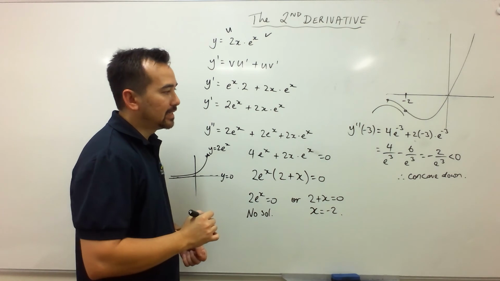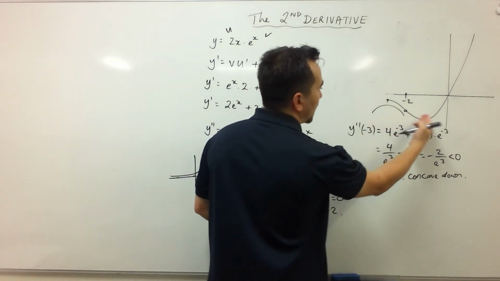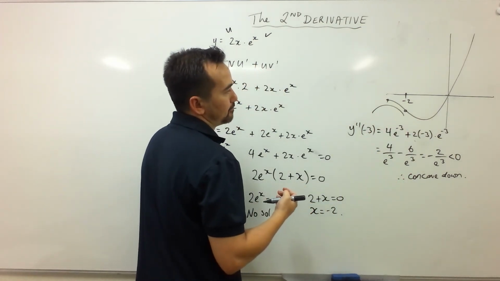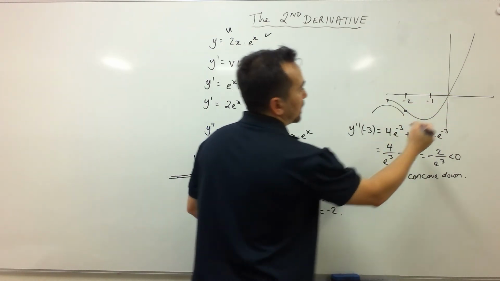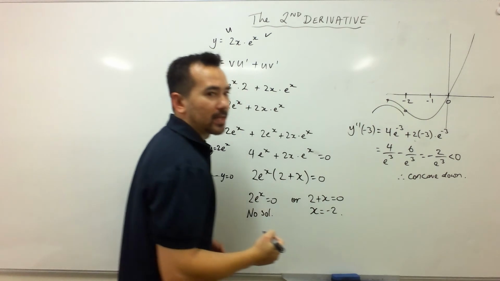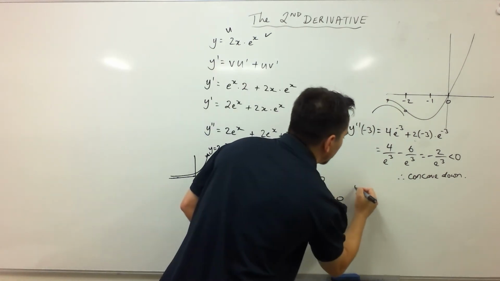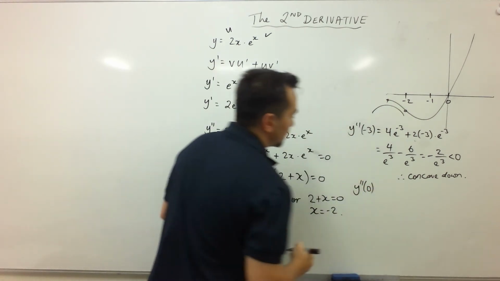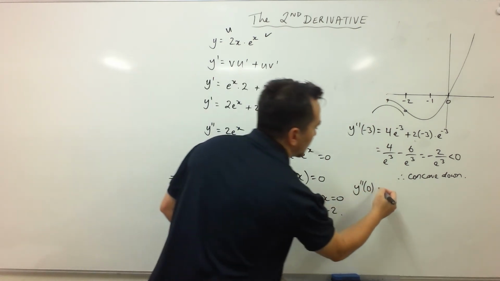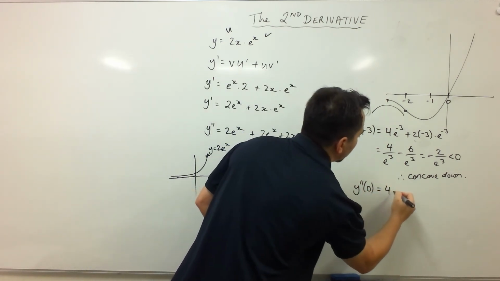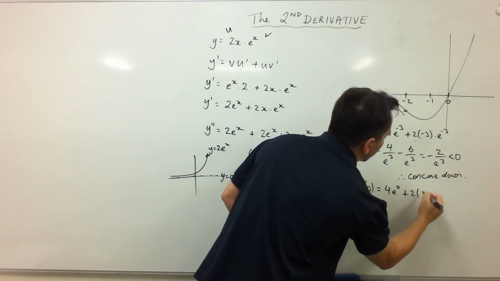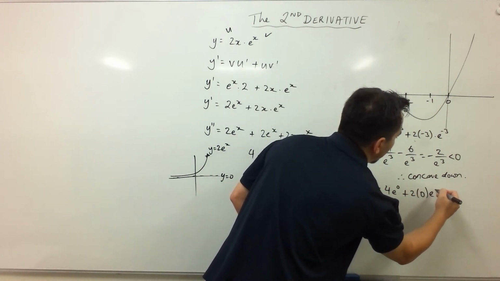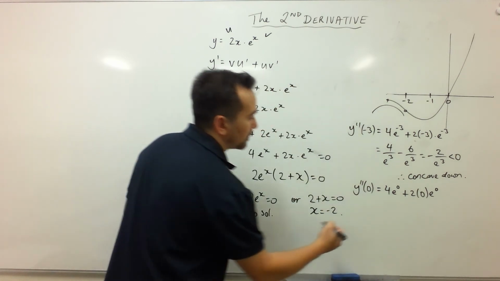And lastly, we're going to choose a value to the right of the negative 2. You could pick negative 1. I'm going to pick 0 because 0 is always a nice one to choose. So when we substitute 0 for x, we get 4e to the power 0 plus 2 times 0 times e to the power 0.